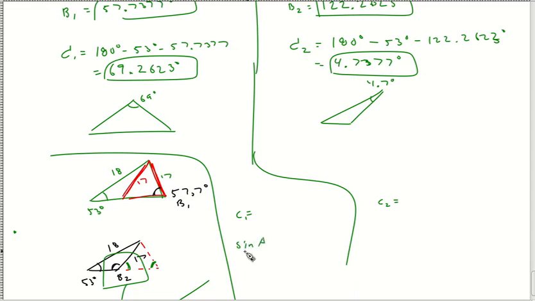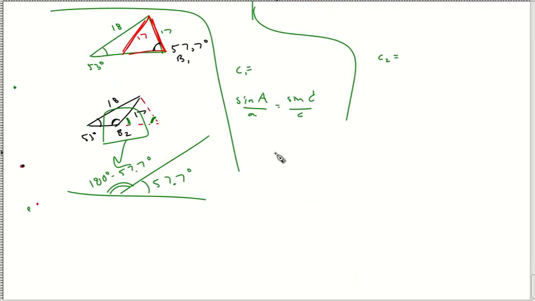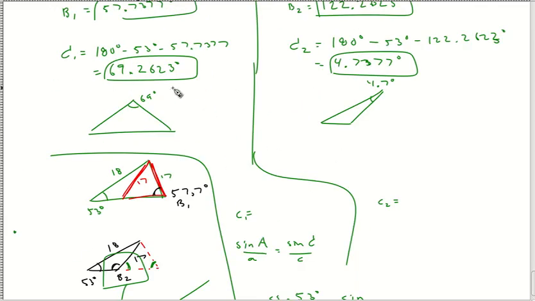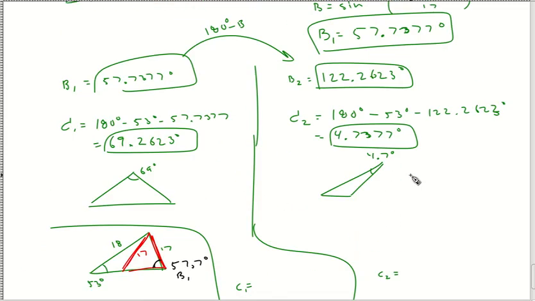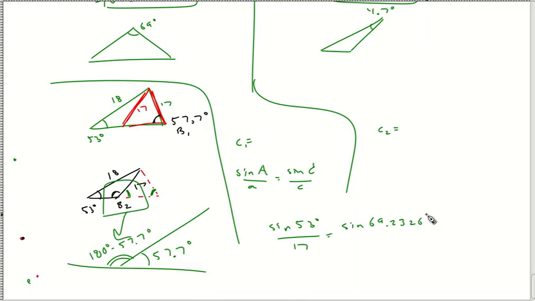So sine of A over a is equal to sine of C over c for both of these. And so my A is fixed at the 53. My little a is the 17. My capital C, though, changes. See, capital C here is the 69.23.